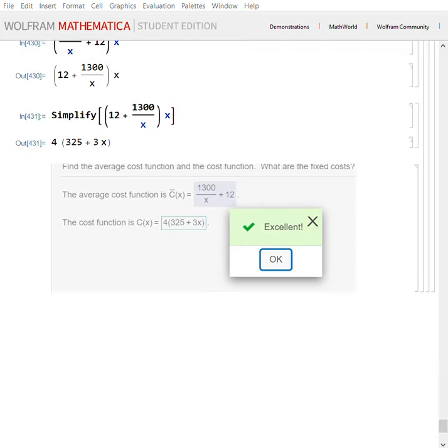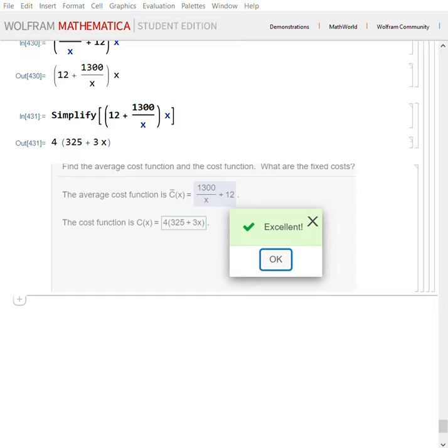And now they want the fixed costs. I assume we get the fixed costs from the cost function by plugging in the same 100. Or actually, I haven't faced this before, so let me look through it real quick and see how they would take the fixed costs. Oh yeah, the fixed costs, of course, are your costs without any production, stuff that you have to pay anyways.